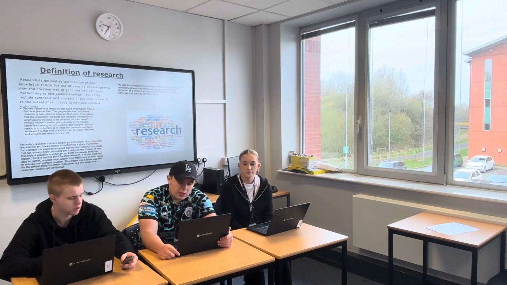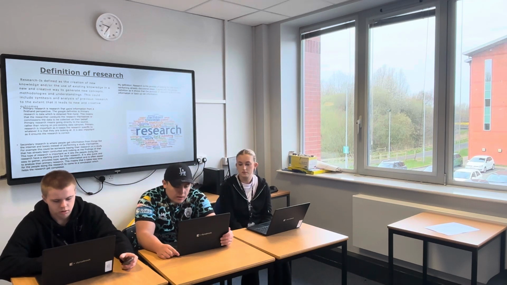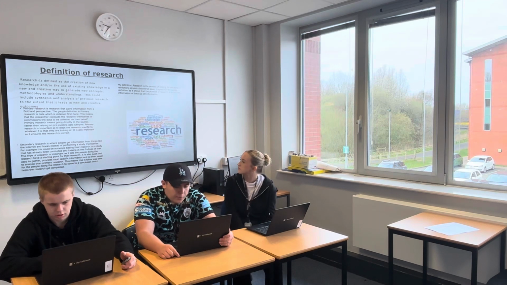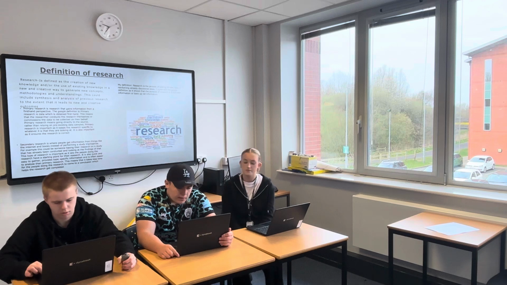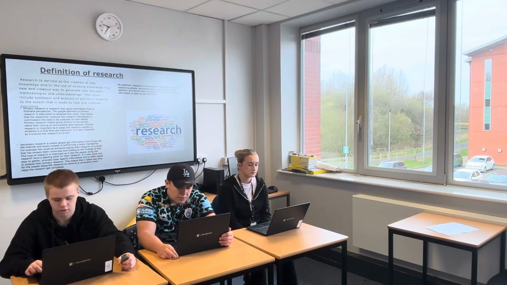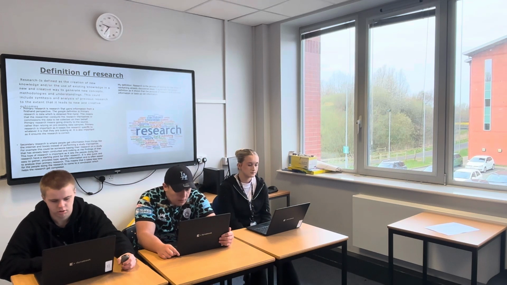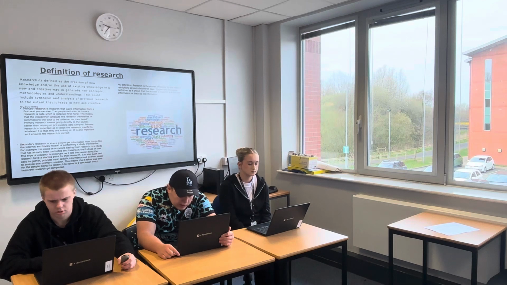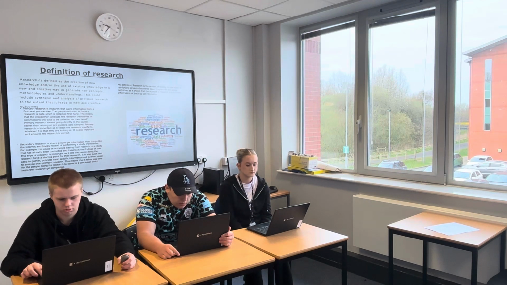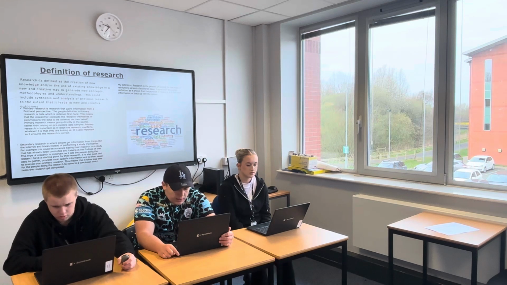The second type of research is secondary research, which is where people get their information from things like the internet and books instead of performing a study themselves. For example, this could be someone looking at research on a study that has already been conducted and looking at the findings.